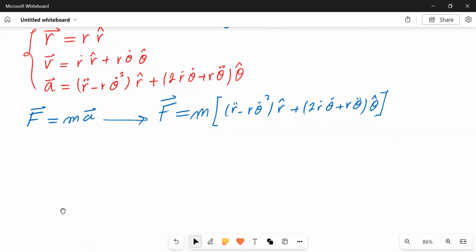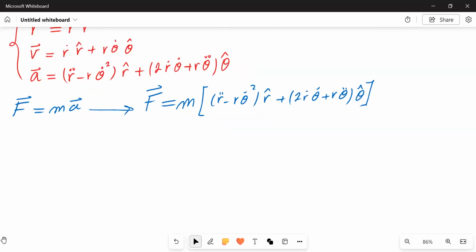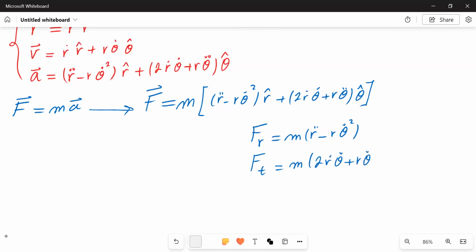So the radial component of my force would just be m times r double dot minus r theta dot squared. And the tangential component of my force would be m times 2 r dot theta dot plus r theta double dot.